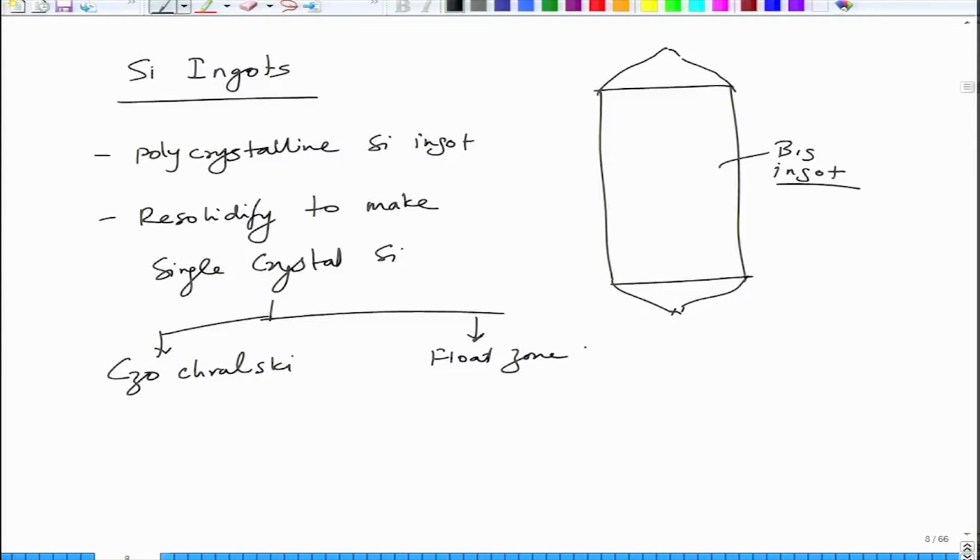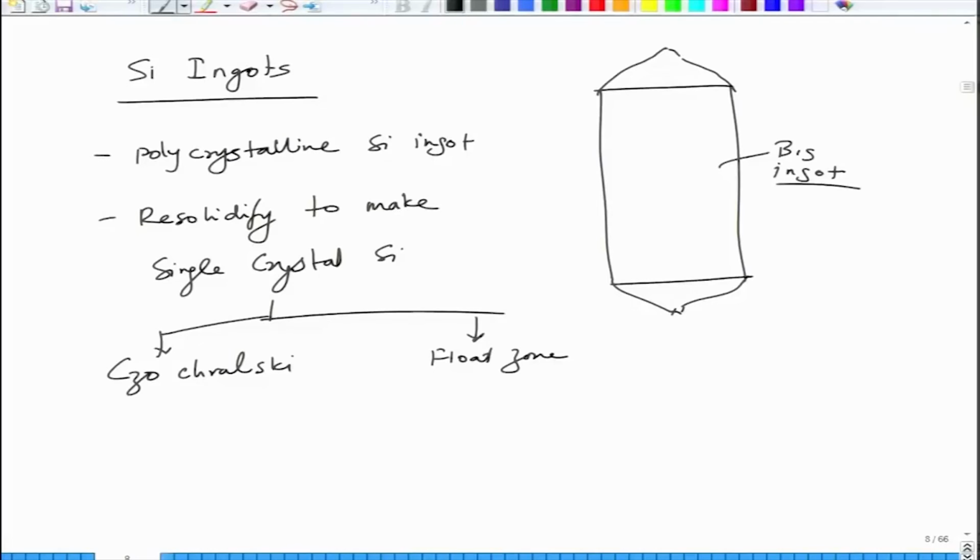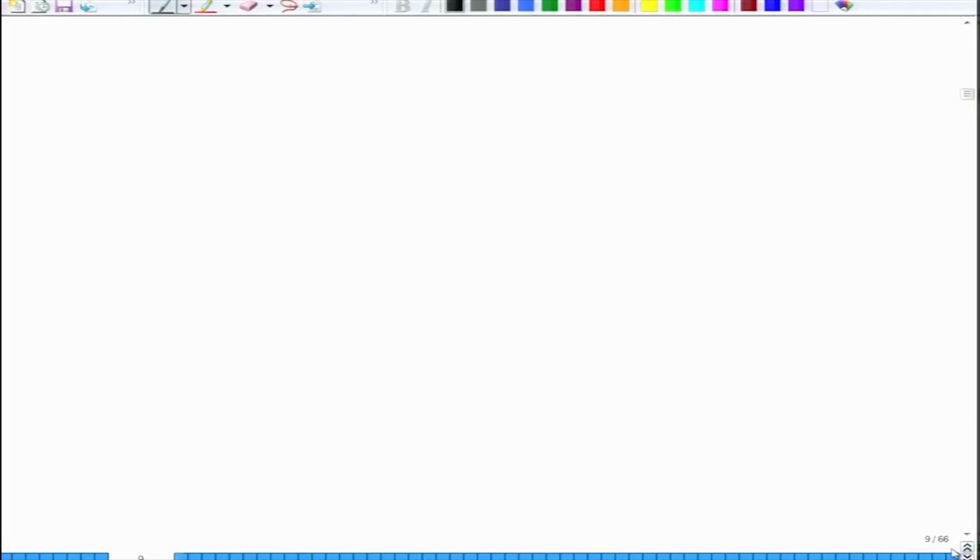So, principles of solidification and impurity segregation are used to make highly pure, highly single crystalline, highly defect free silicon.